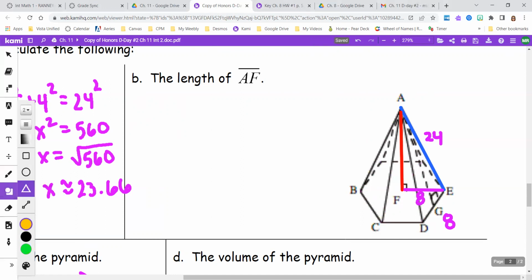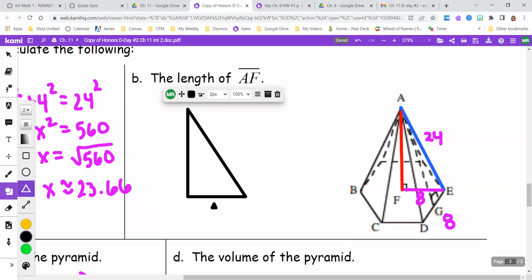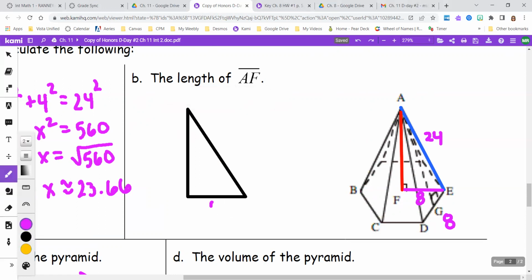So I'm going to have a right triangle with an 8, a 24, and I need to find that. And this is A, this is E, this is F, so you know where I am in the picture. It's this triangle right here.